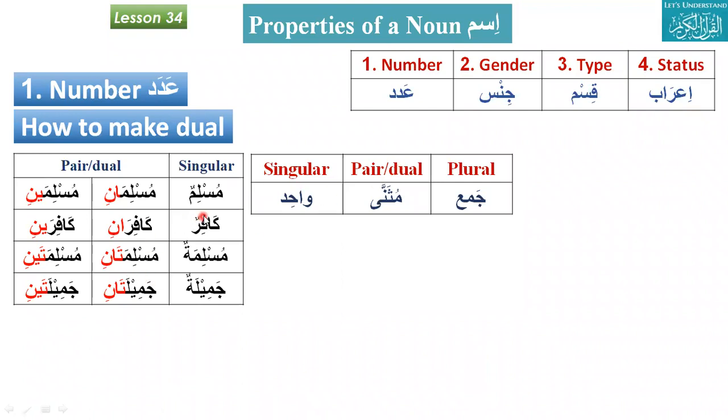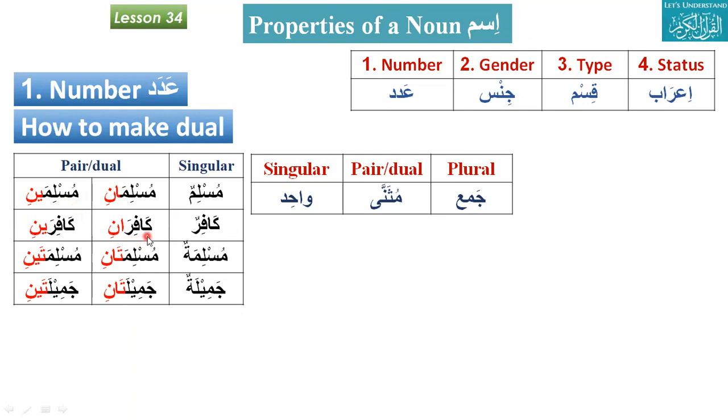There can be two duals, like Muslimun becoming Muslimani and Muslimaini. We will see the difference between them and when to use Muslimani. Muslimani is for Muslim, and Muslimaini is also for Muslim.